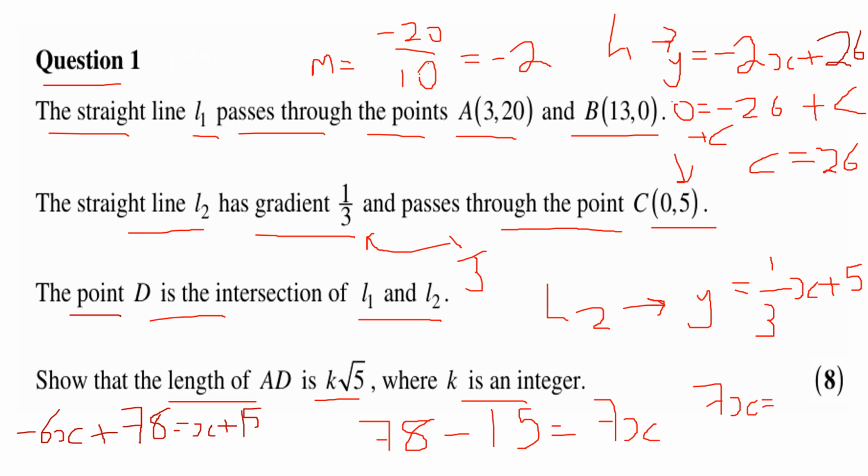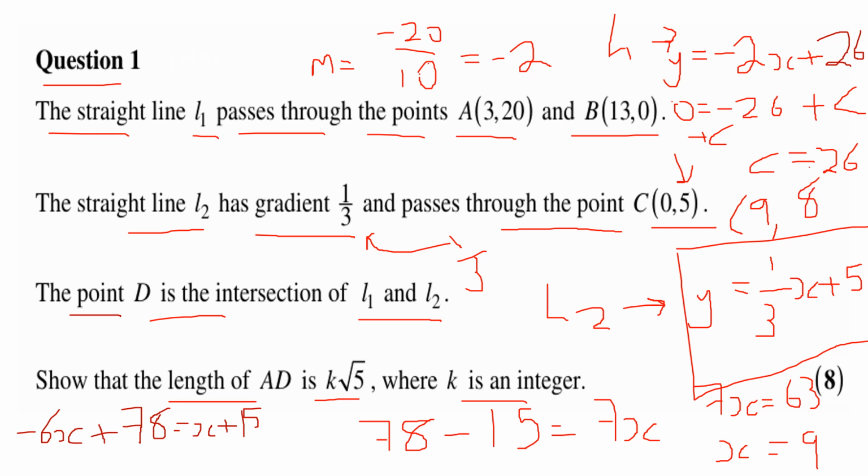Dividing by 7 on both sides to get what x is, x equals 63 sevenths, so x is equal to 9. Now that I know what x is, I can plug it into L2 to work out what y is. We have 1/3 of 9, which makes 3, plus 5 makes 8. So the coordinates of D are (9, 8).